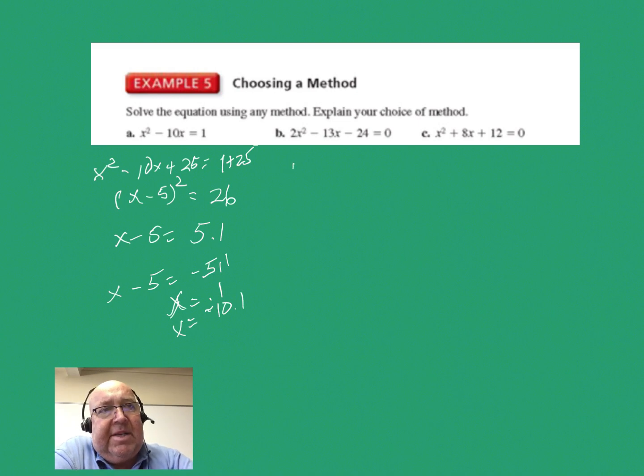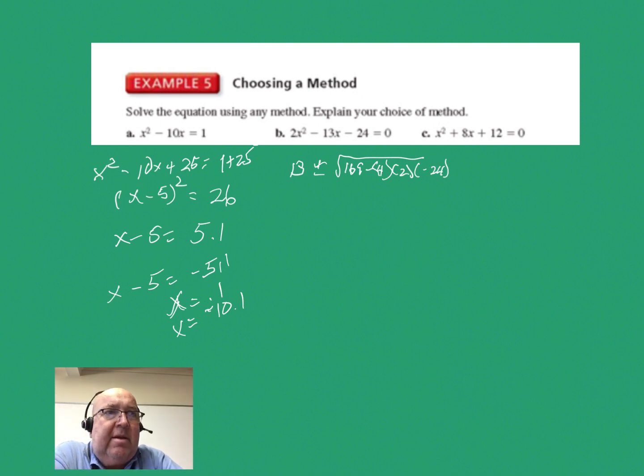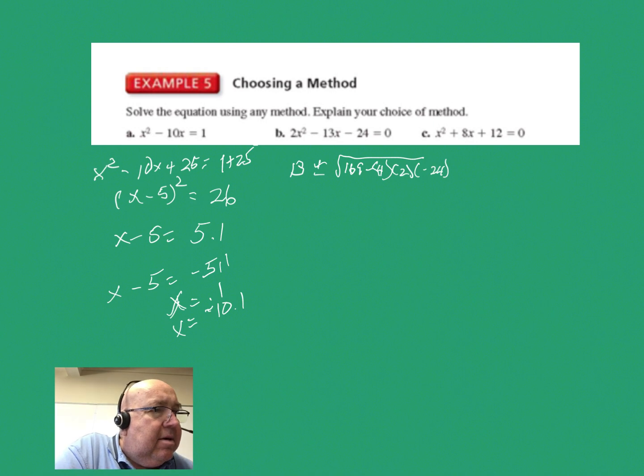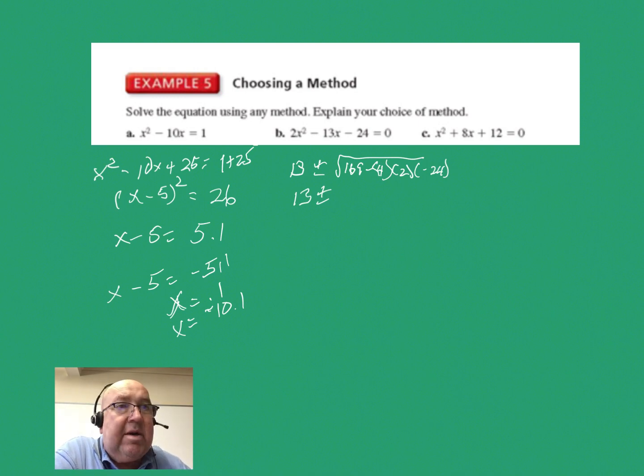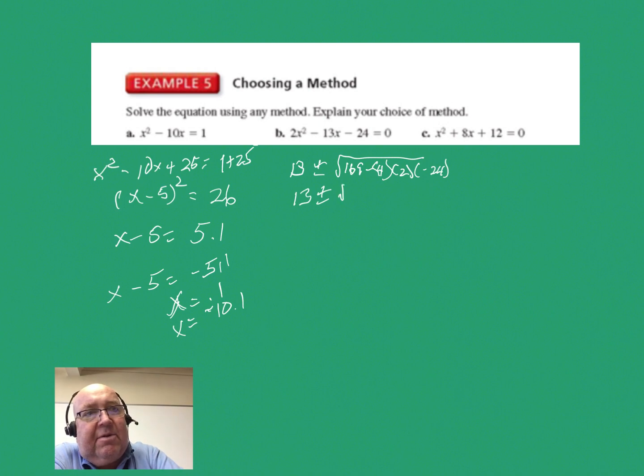So I'm going to go 13, because that's my b and it was already negative, plus or minus the square root of 13 squared is 169, minus 4 times 2 times negative 24, and 4 times 2 is 8, times 24 is 192, and it's going to be added. 169 plus 192 equals 361, square root of 361 over 2 times 2, over 4.